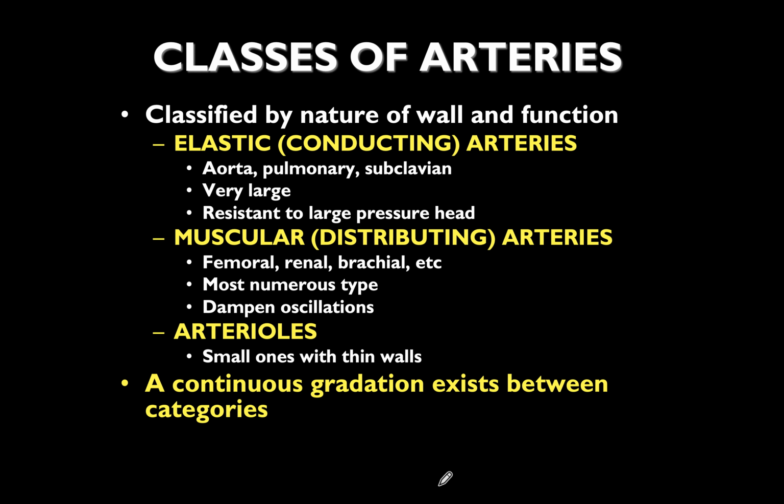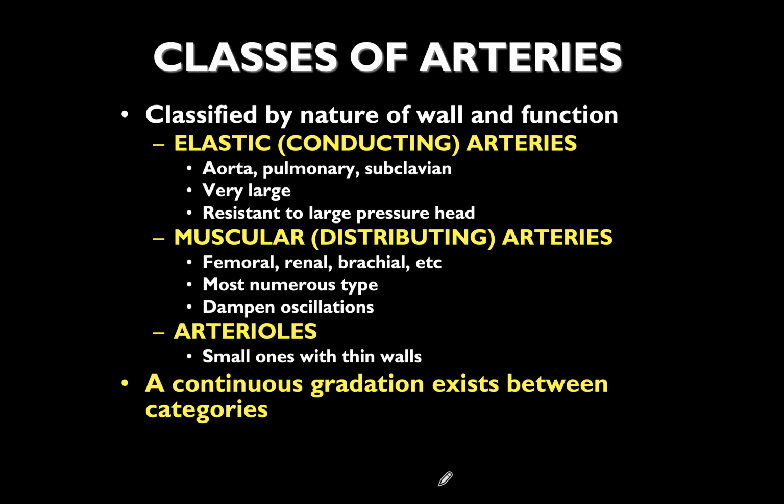For the classes of arteries, we have three classes: elastic artery, muscular artery, and arteriole. The largest is the elastic artery, and these arteries, such as the aorta, pulmonary, and subclavian, are very large, and the wall is reinforced by elastic fibers.